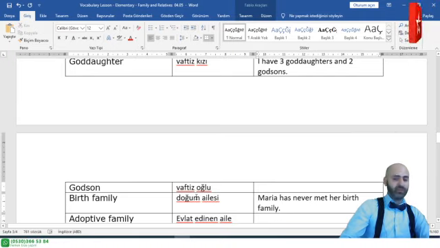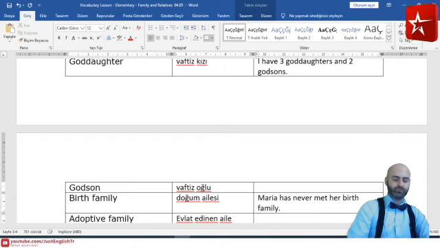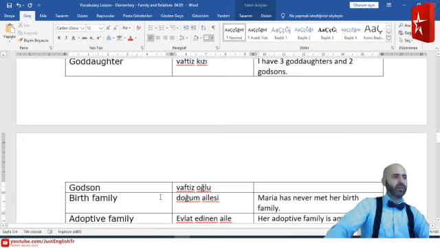And for adoptive family, we can say something like this. Her, I mean Maria, her adoptive family is amazing. Okay, I hope you understand adoptive family.